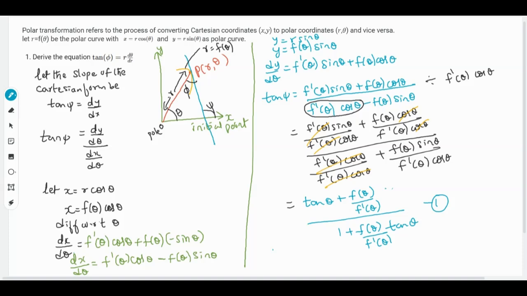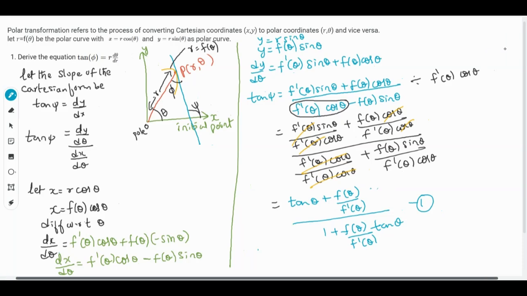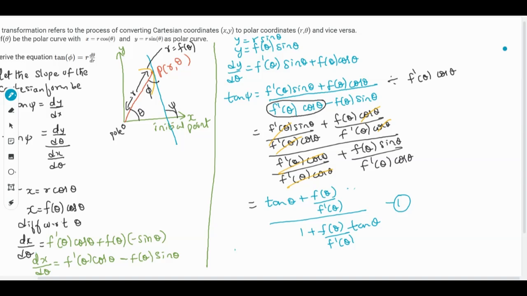Now from the diagram, as we have learnt in our previous classes, the exterior angle is equal to the sum of the two interior angles. So by using that, we can write psi equals theta plus phi.